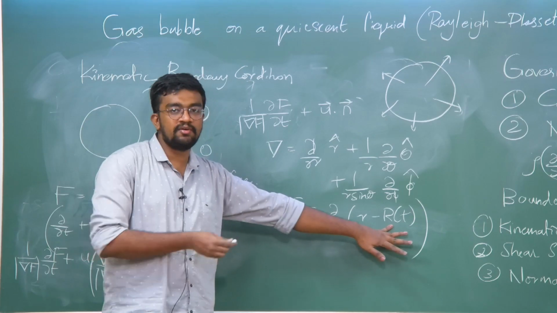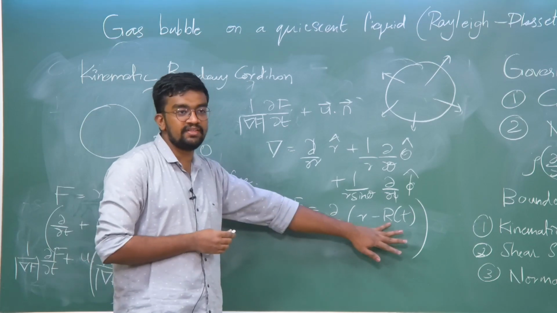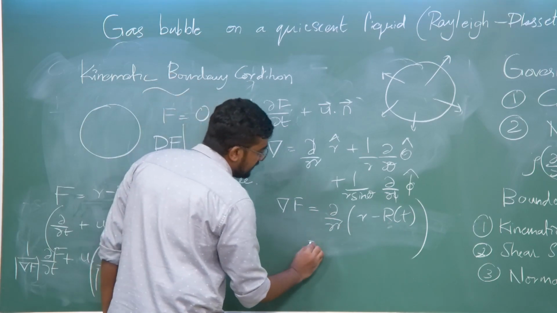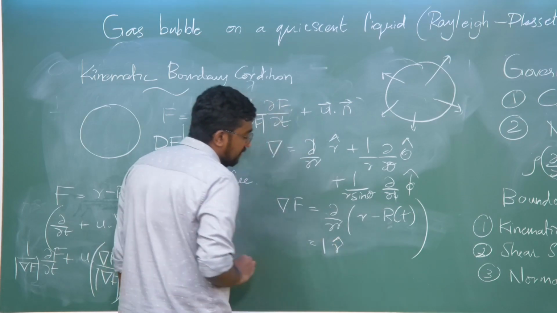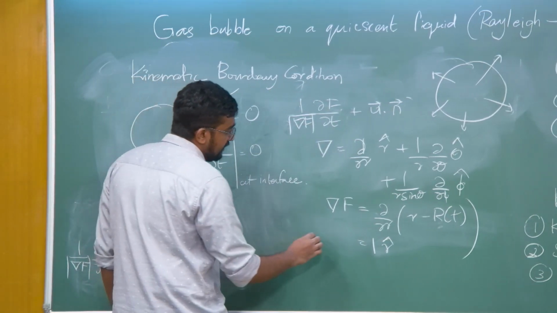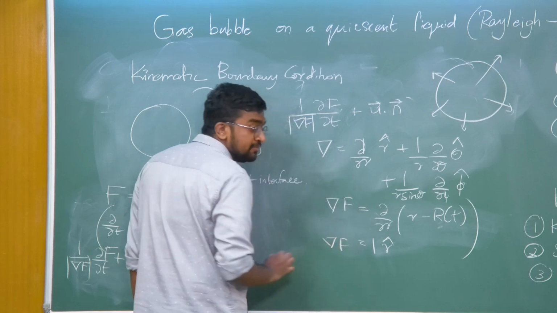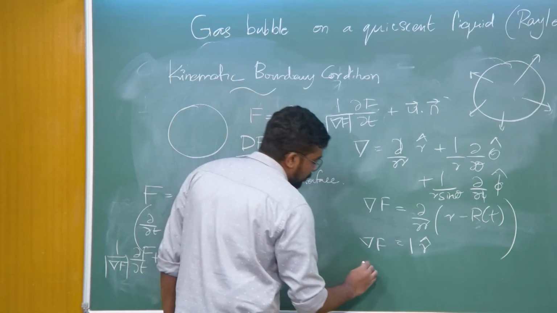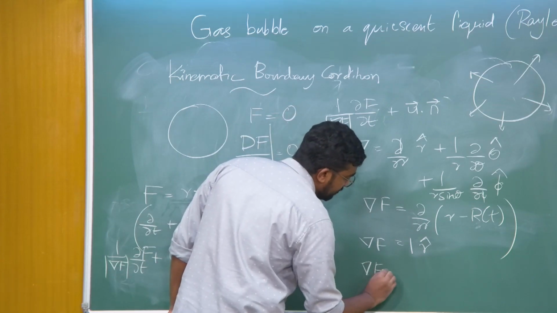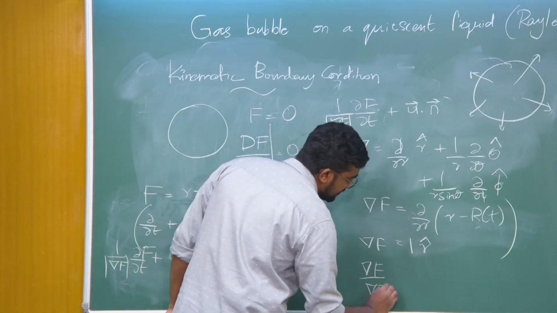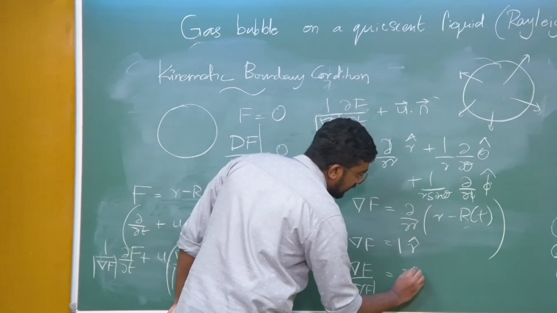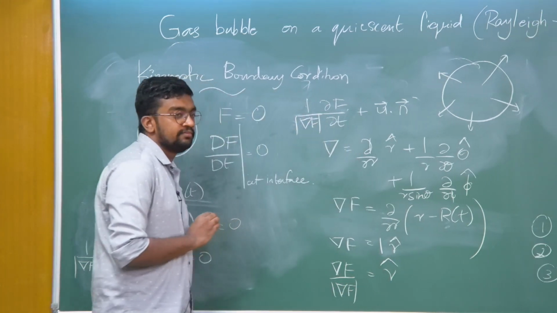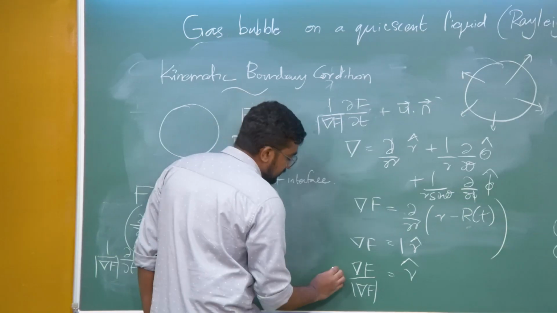Capital R of t cannot be differentiated with small r. So, what we get is 1 r cap, that is the value of grad F. Grad F by mod grad F is r cap. So, this is the normal.